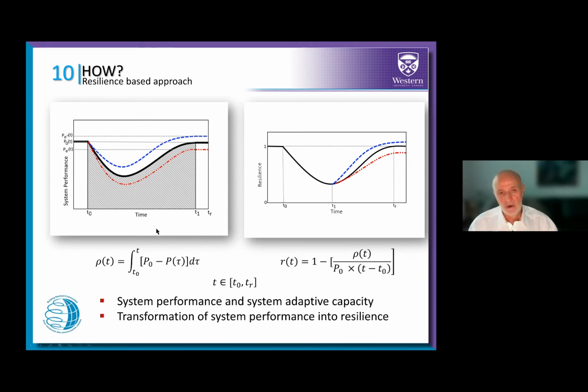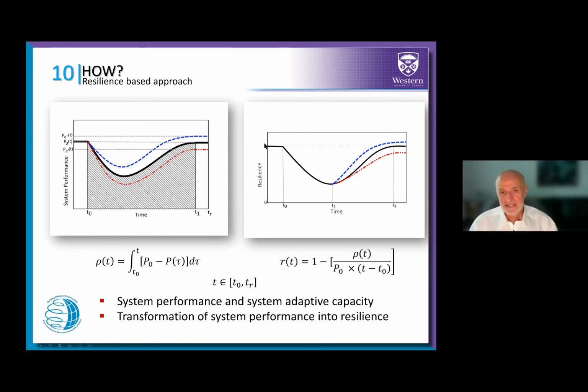And I came up with a relatively simple way of integrating this area, performing normalization, and basically converting this performance curve into a curve on the scale between 0 and 1. And that's exactly what we call resilience.